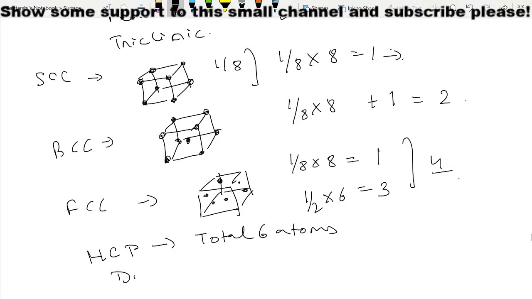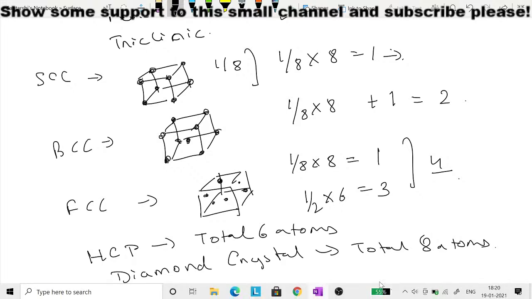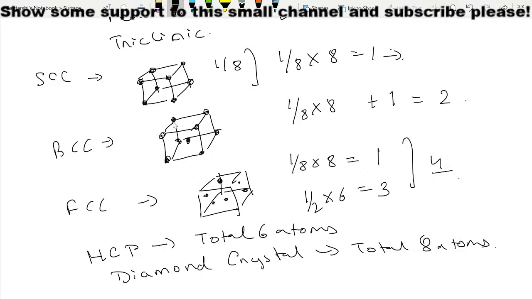And your diamond crystal has a total of 8 atoms. Right. And now we will see how actually they are packed and what is the packing fraction of all of them. So I'll just copy.